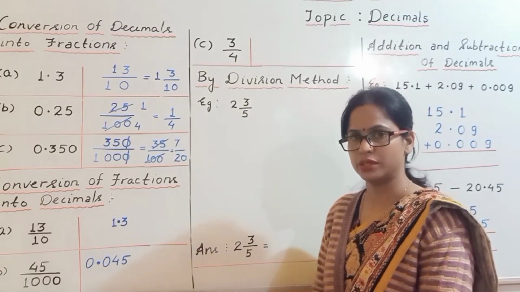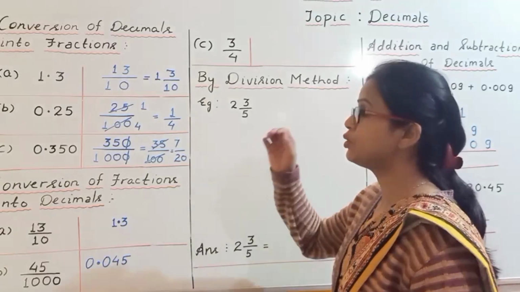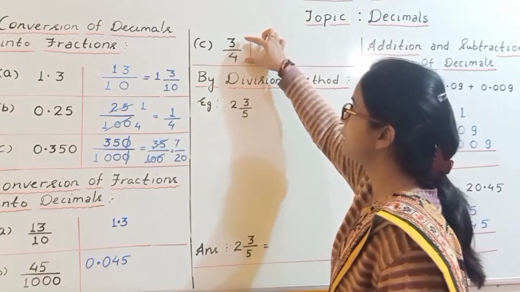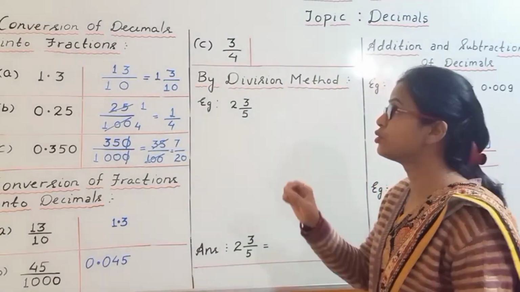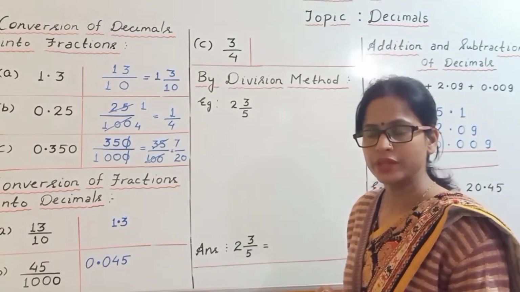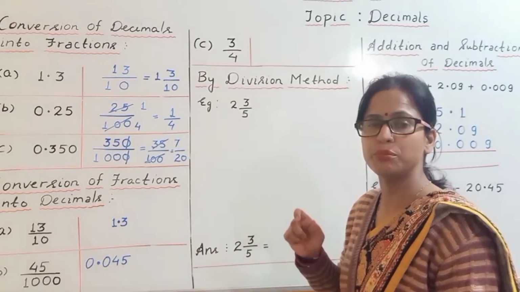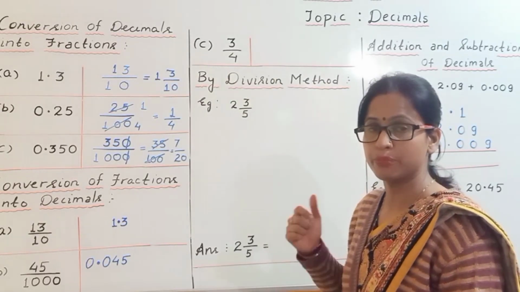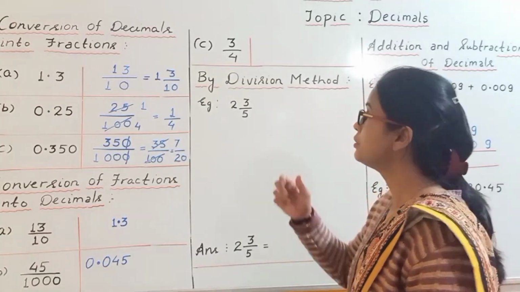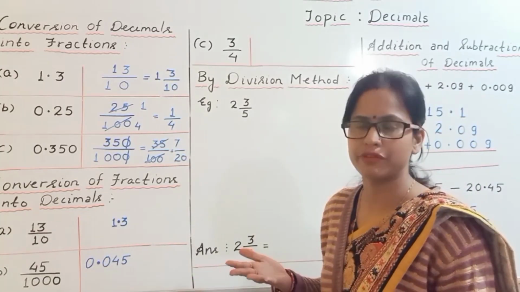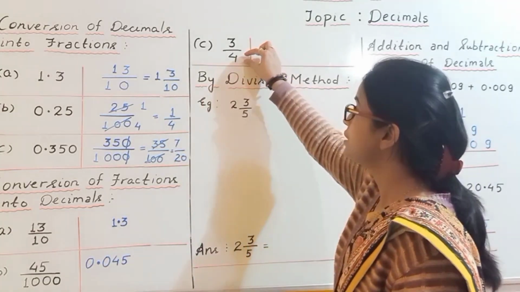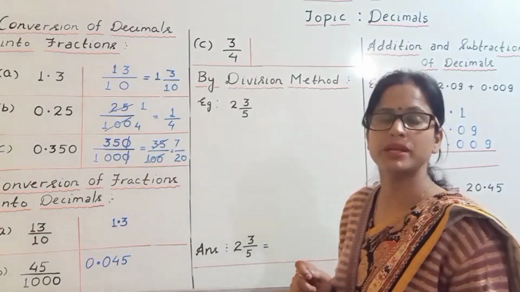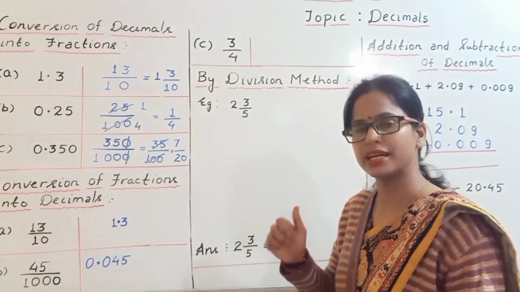Yes children, in the previous examples, we learned how to convert fractions into decimals when the denominator is 10, 100 or 1000. But now what to do when the denominator is not 10, 100 or 1000? See the example 3 upon 4. Here the denominator is 4. Now what to do? Yes children, here we have to make 4 into 10, 100 or 1000 by multiplication. It means we have to get its equivalent fraction. Now by what number should we multiply 4 to make it 10, 100 or 1000?